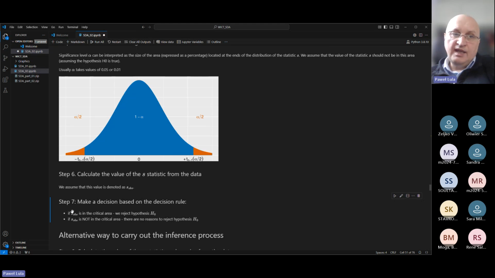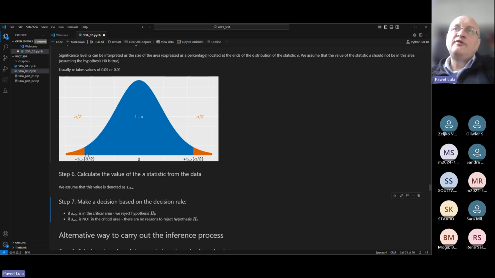If this S value calculated using our data set, denoted here by S_OBS, is in the critical area at the ends of this distribution, if it is in one of these two orange parts, then we should reject zero hypothesis.